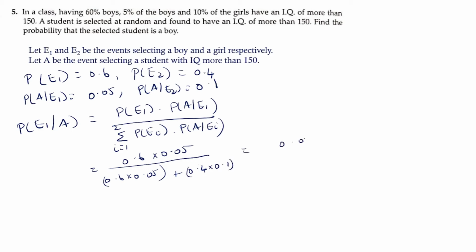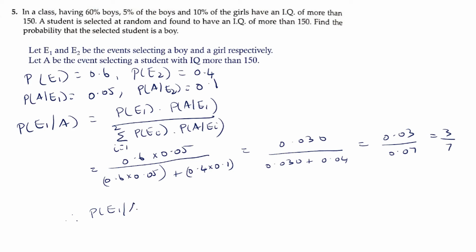So this is equal to 0.030 upon 0.030 plus 0.04. So it is 0.03 upon 0.07, which is 3 by 7. Therefore, probability of E1 given A is equal to 3 by 7.